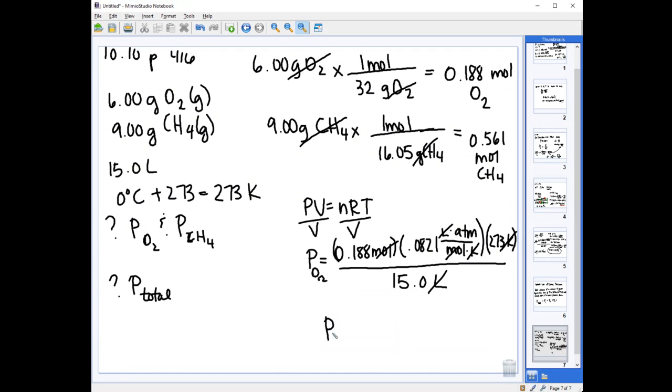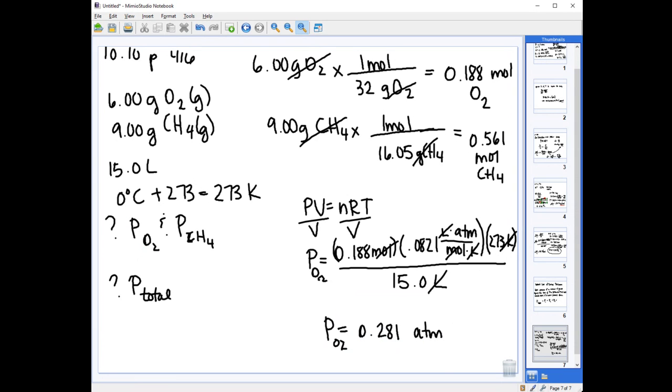When I do the math, my partial pressure of O2 is equal to 0.281 atmospheres. So I've got my first answer. I've solved for my pressure of oxygen.